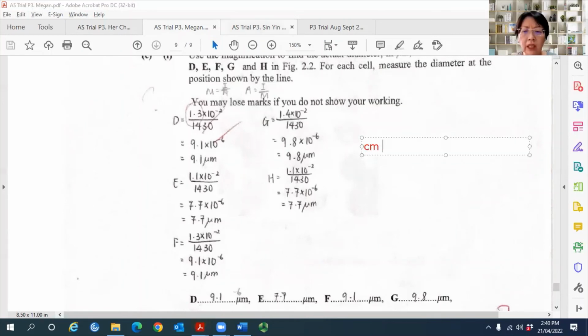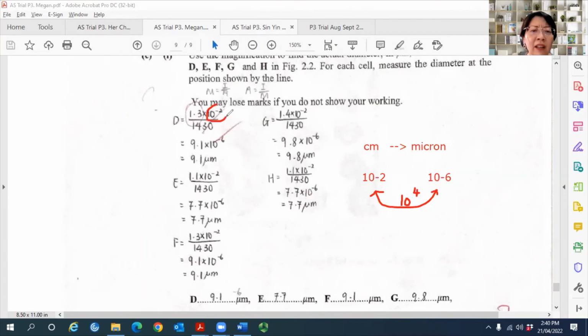When you convert cm to micrometer, centi is 10 to the power of minus 2, micrometer is 10 to the power of minus 6. So the difference is actually 10 to the power of 4, not minus 4. So this one is wrong.